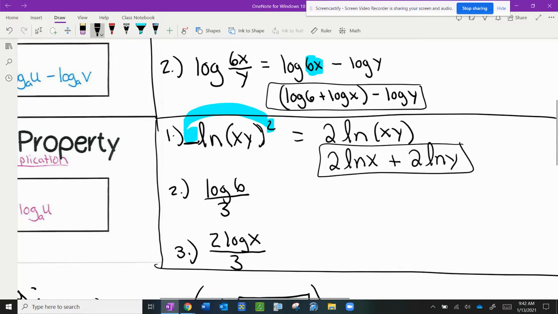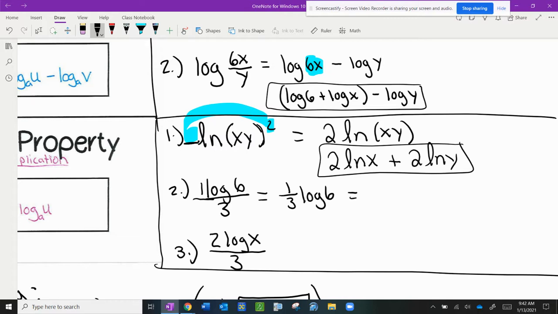Okay, next one. You might get confused on number 2. That's why I wrote 2 and 3 is. So this dividing of 3 is not dividing the input of 6. It is the multiplier in front of the log. So there's really a 1 out in front. So how we would really write this is 1/3 log 6. I would not divide the 6 by 3. That would be incorrect.